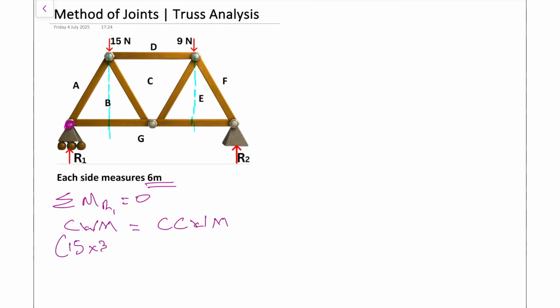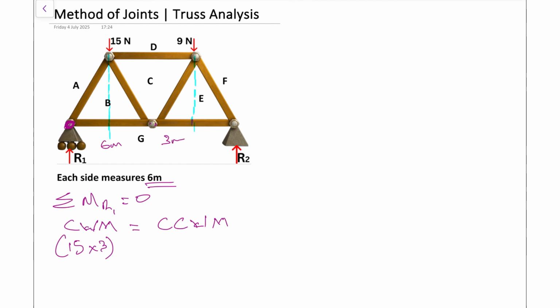Then we go across to that next 9 newtons. That 9 newtons again will be trying to rotate this system in the same clockwise motion. If all of this from here to here is 6 meters, then half again from there would be 3 meters.